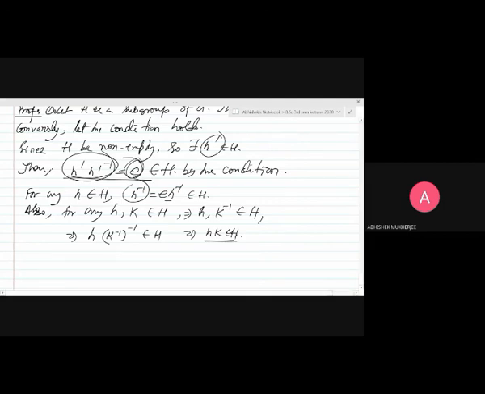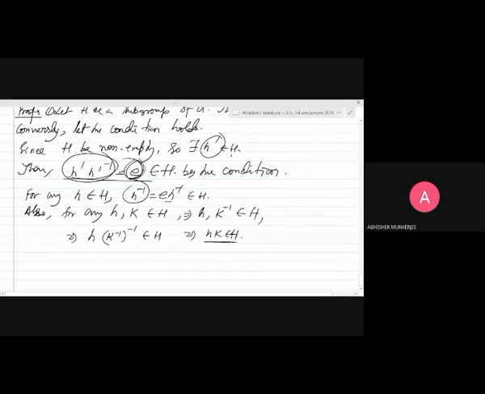But that is crucial, to guarantee that the identity of the group will be included in that subset, and it will be guaranteed by this condition: a b inverse belongs to H, and H must be a non-empty subset, right? So you need to have one element in H. That would suffice.